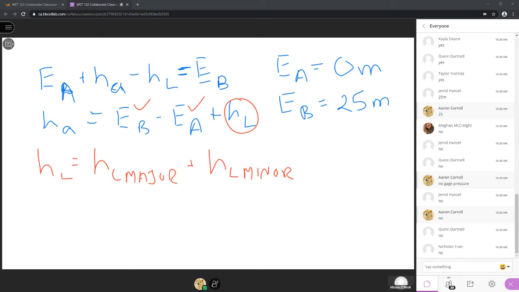Our major head losses are going to be the head losses from the pipe, and we're going to use the Hazen-Williams nomograph to figure that out.